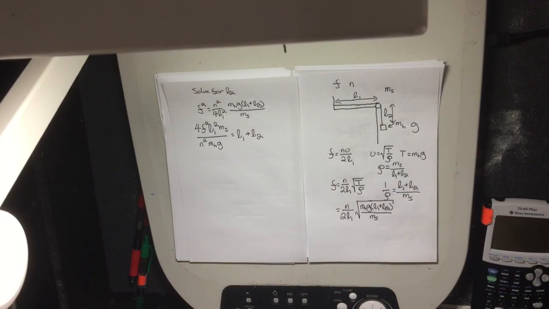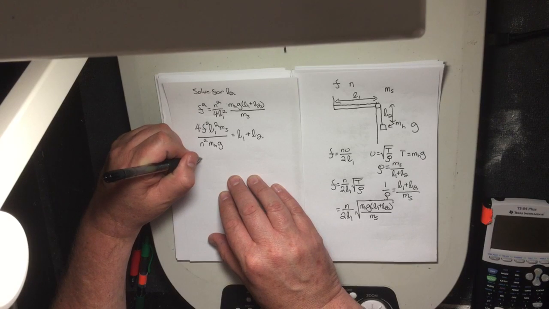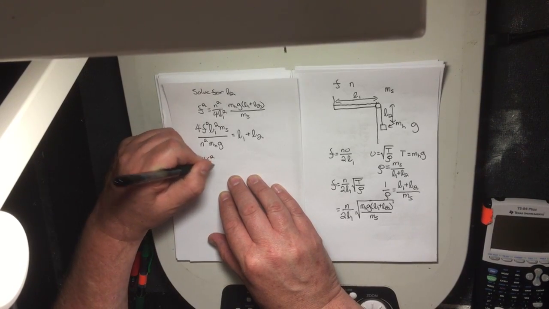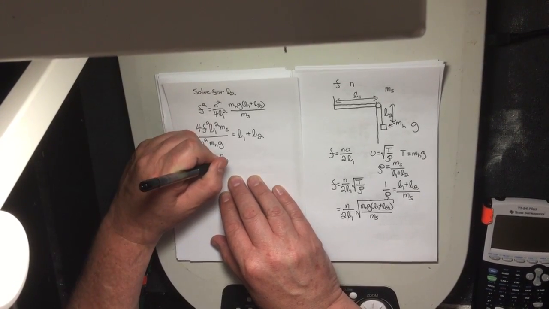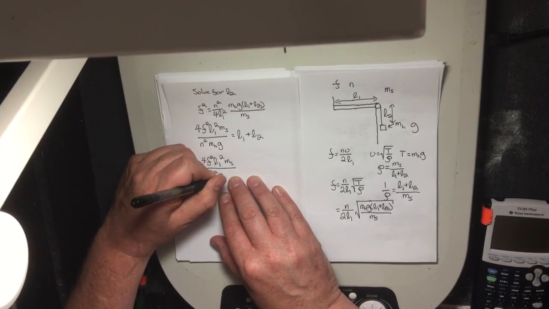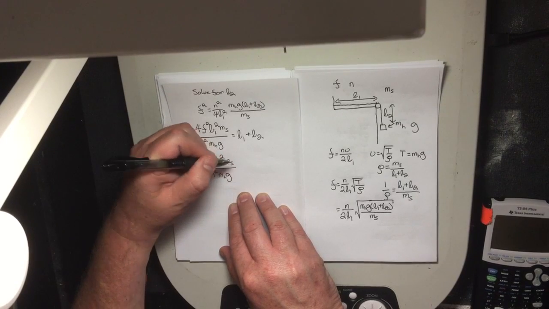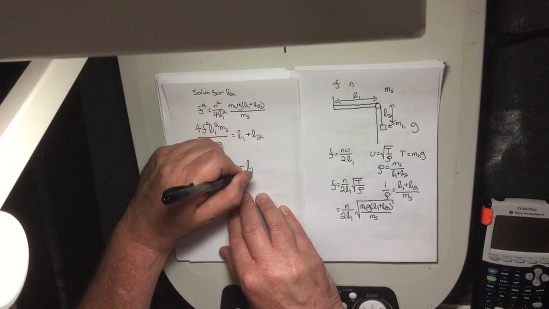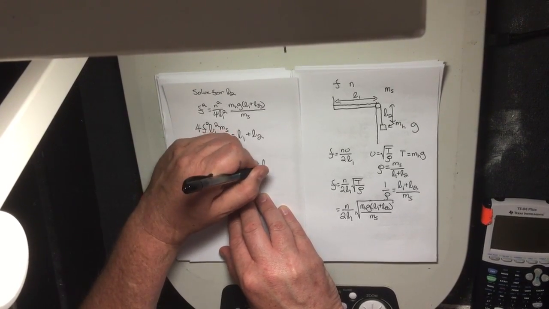Subtract L1 from both sides, and I'm left with 4f squared L1 squared ms over n squared mHg minus L1 is equal to L2.